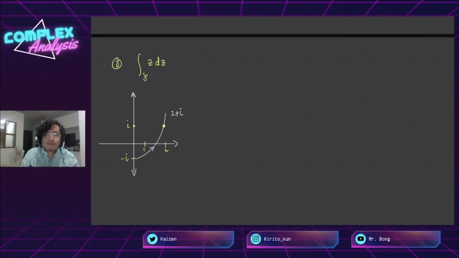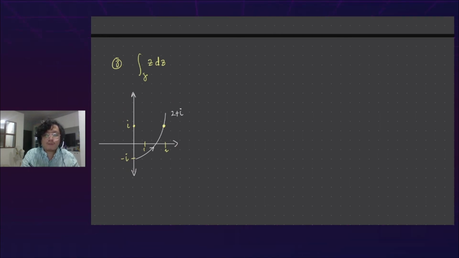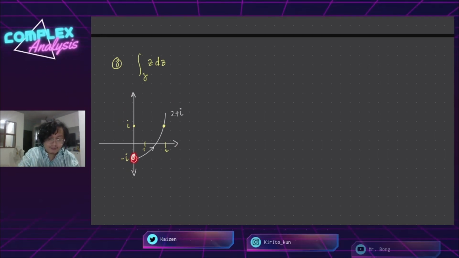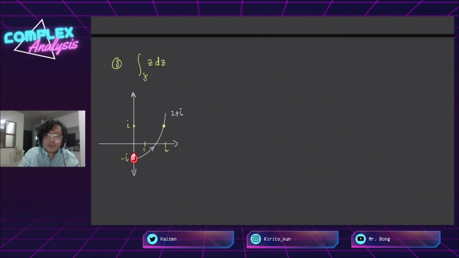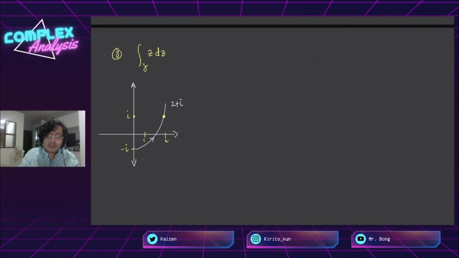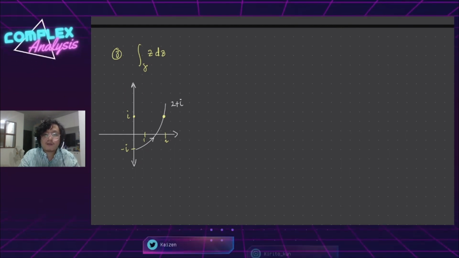And the hard part here is really to determine the values for the upper and lower limits of the t value. The way I think about it is the following: we're starting at the minus i, and that is the down point of this circle. Usually the down point of a circle is always 3 pi over 2.